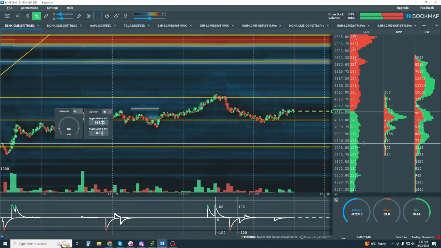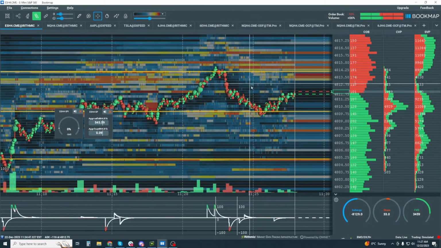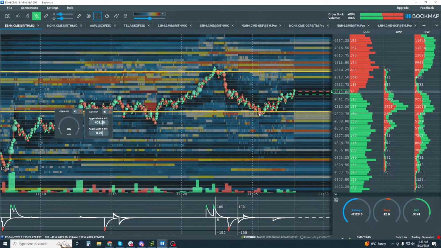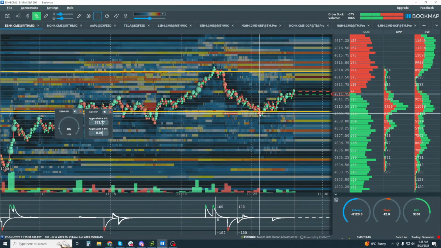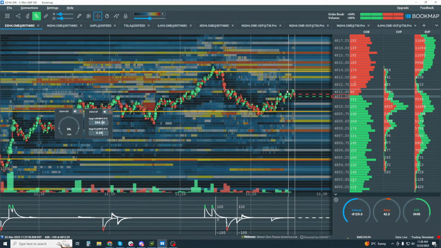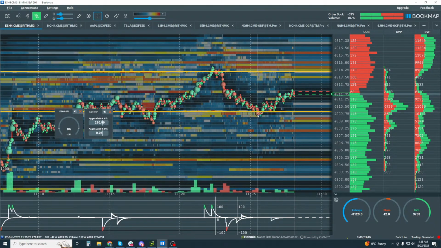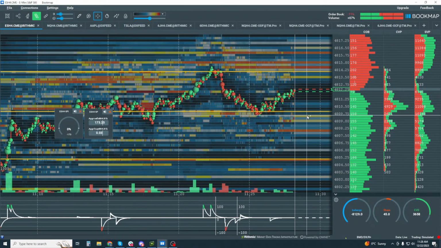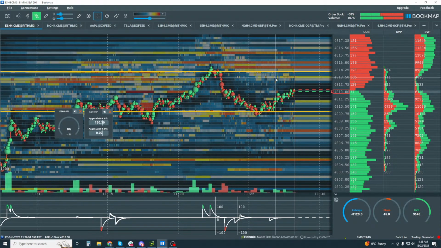Interesting. Okay, we're still finding some sort of support here off of 10. So I wouldn't be engaged in it yet. I'm still looking for sellers below 10 if we get it.